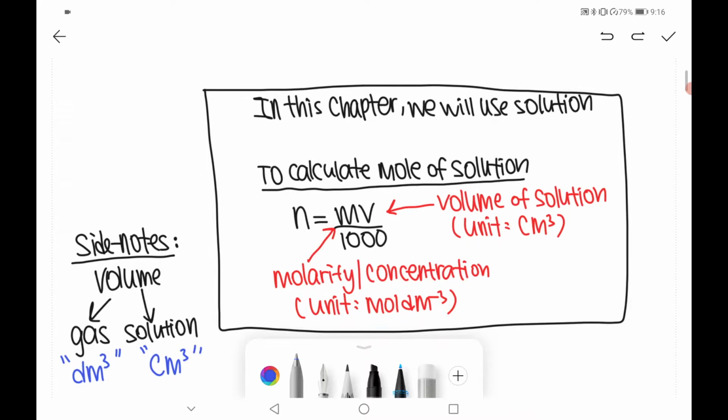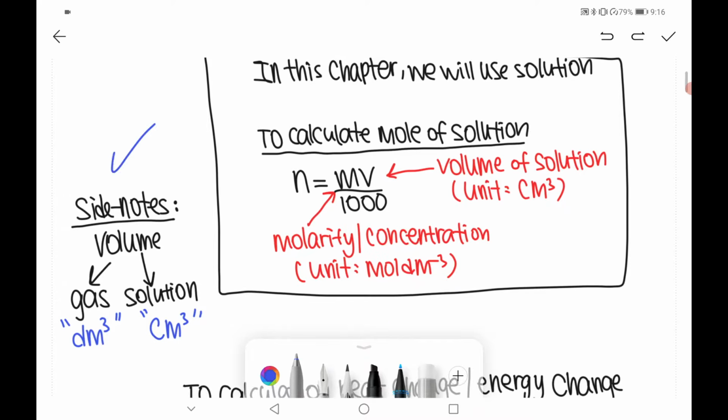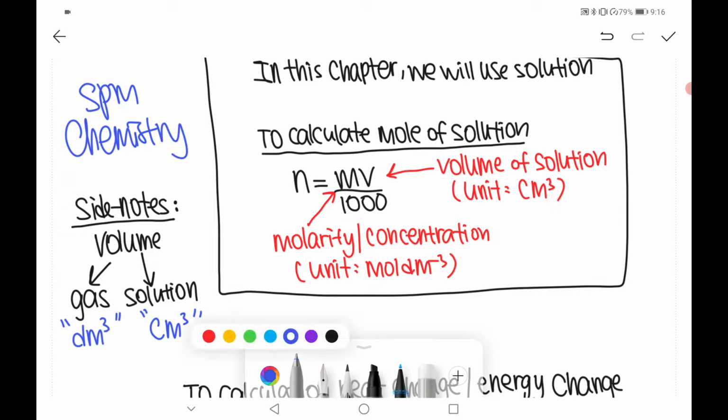The V here stands for volume, the volume of solution, and the unit is cm cube. Watch out for the unit. Look at the side notes here. In SPM chemistry, they will always ask you to find the volume for gas and the volume for solution.